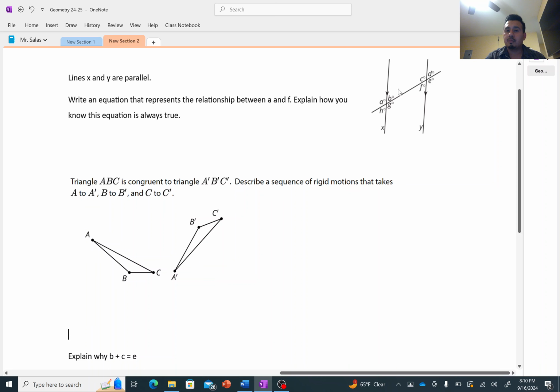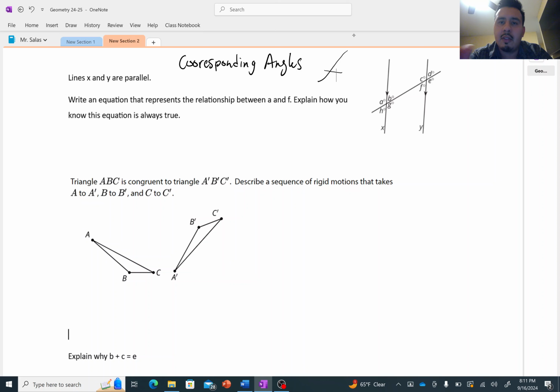These types of angles, A and C, are what we call corresponding angles. Corresponding angles are congruent, because if we have our two parallel lines and our transversal, they're on the same level of the line and on the same side of the transversal.